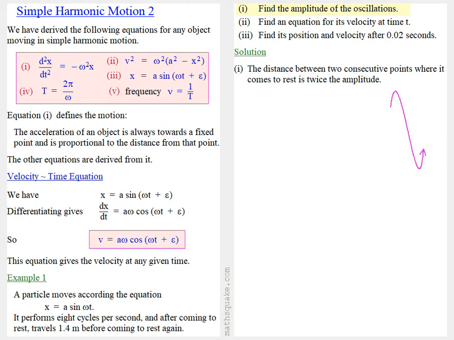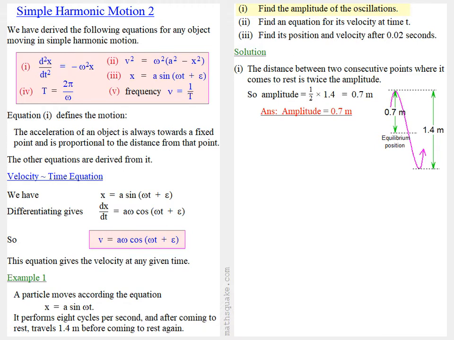The rest positions are at the top and at the bottom of the motion. The equilibrium position is halfway between them. Now the distance between the rest positions is 1.4 meters. So the amplitude is a half of 1.4, which is 0.7 meters.